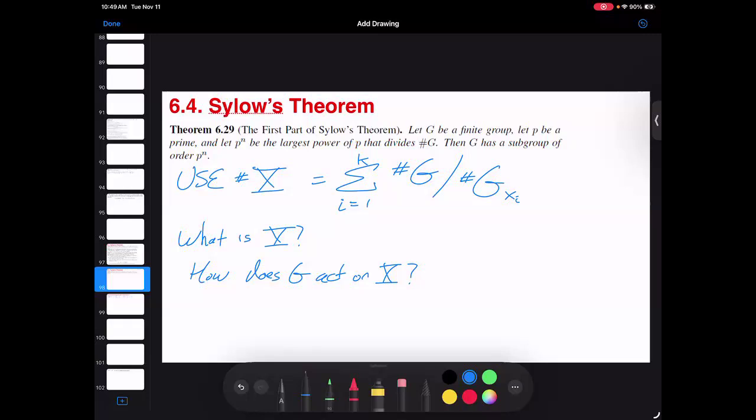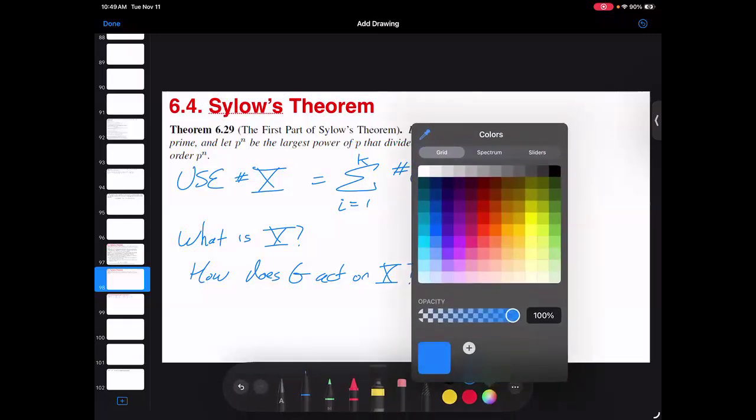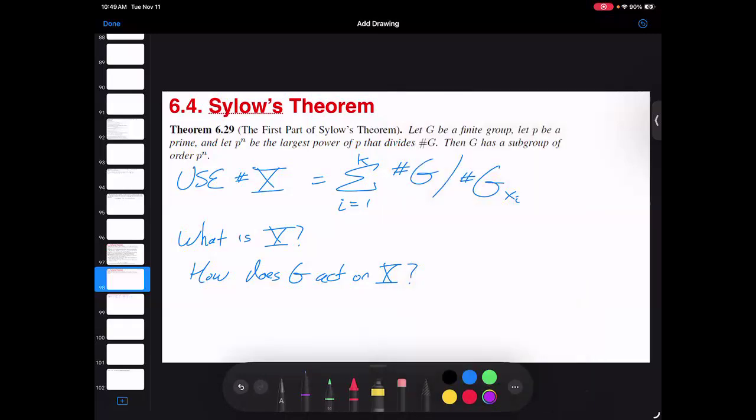And so what we will do, I believe, is X is all subsets of size p to the n. And I believe it's left multiplication.